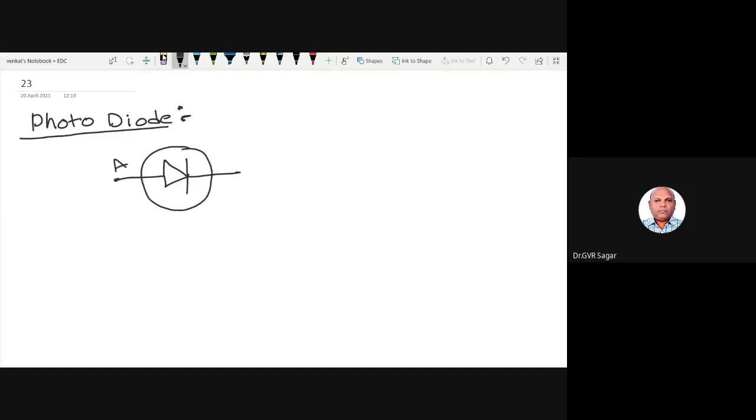This is the anode and this is the cathode. Earlier we showed this symbol like this. The light ray is shown as an arrow mark here. That means light was emitted earlier, but here light falls on the diode. When the light ray falls on the diode at the junction, the diode becomes reverse biased.